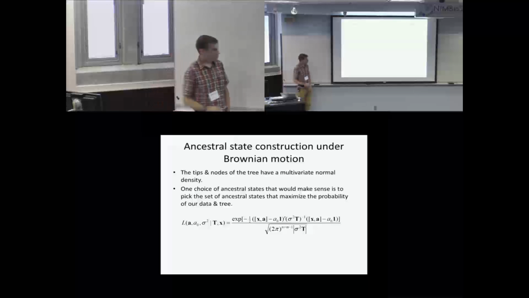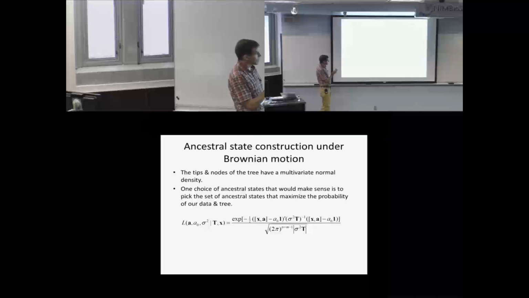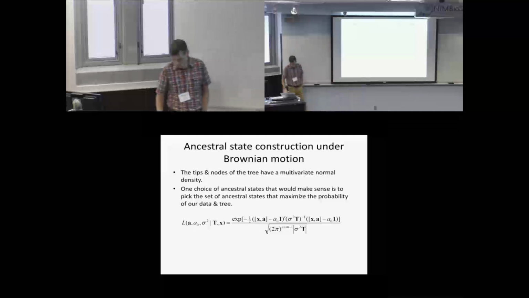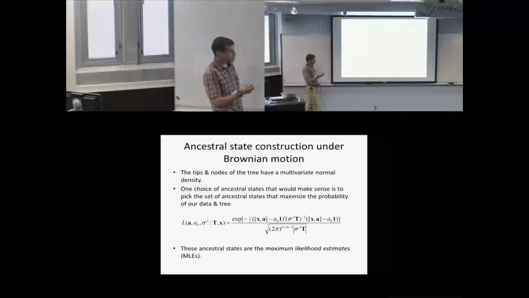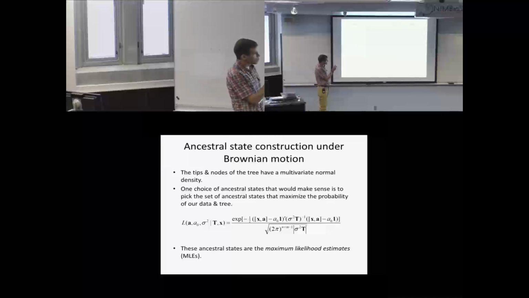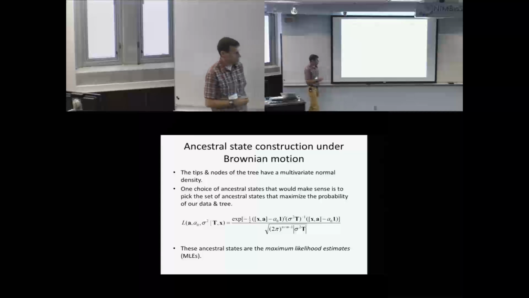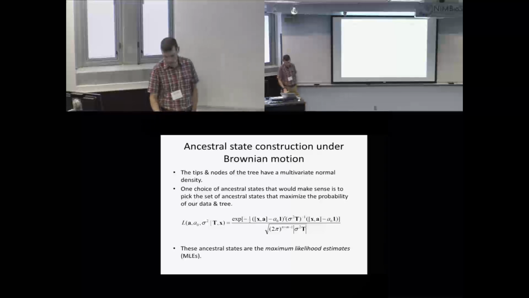And this is just the expression for that probability. This is the likelihood. And if we're choosing the values for ancestral states that maximize the probability of the data in the tree that we've observed, these ancestral states are the maximum likelihood estimates.